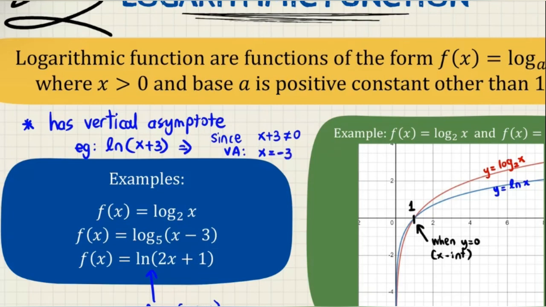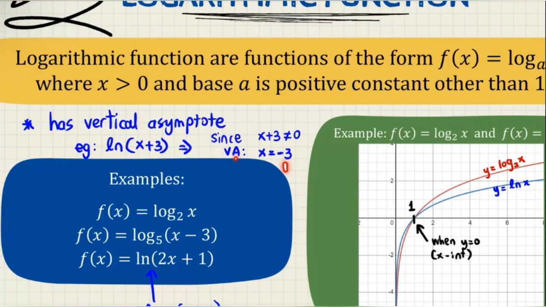Boleh faham ke kalau saya tulis macam ni? Faham. Saya takut ada yang confuse kat sini, kenapa not equal, sini equal. Asymptote kita adalah x equals to negative 3, maksudnya line dia adalah x = -3.